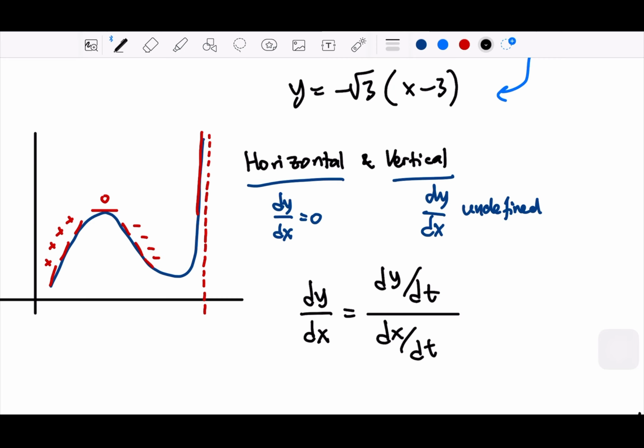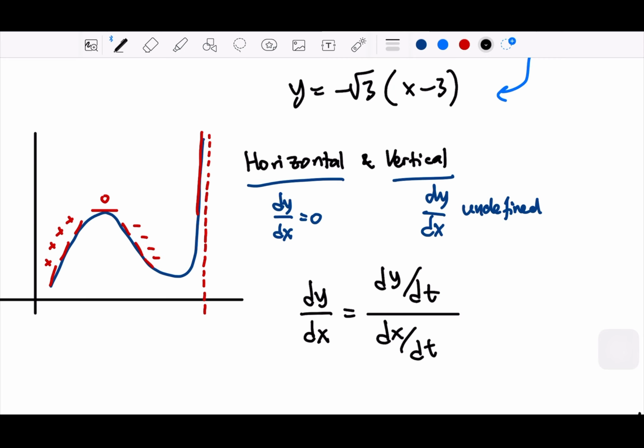From this, we can figure out which one is 0 and which one has a value. For dy/dx to be 0, dy/dt should be 0 and dx/dt should be some value, so we need to make sure dy/dt equals 0.